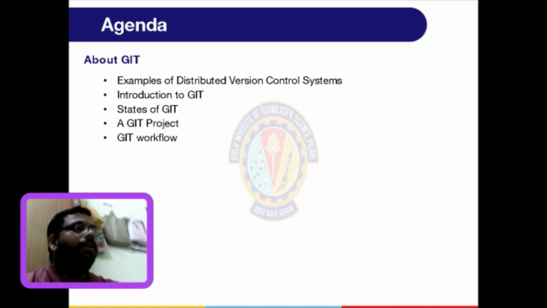Distributed version control systems (DVCSs) don't rely on a central server. They allow developers to clone the repository and work on that version.